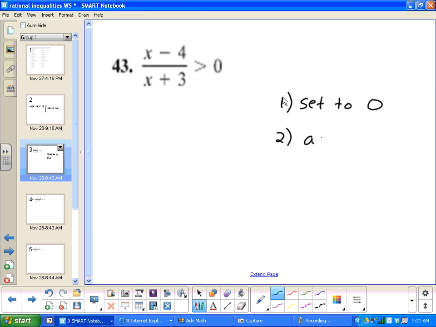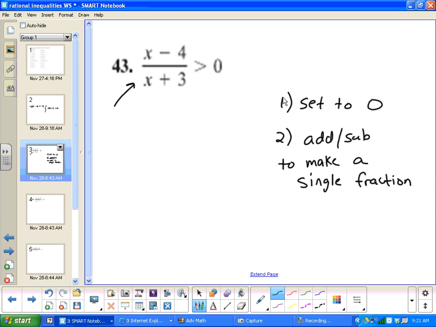You're going to add or subtract, whatever the case is, to make a single fraction. Add or subtract to make a single fraction. Now, look at this one.